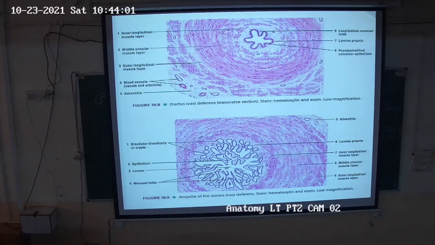And this mucosa is pseudostratified columnar epithelium lined by stereocilia. Okay, why is the middle layer circular? Because contraction is needed for the movement of the spermatozoa. Okay, clear?